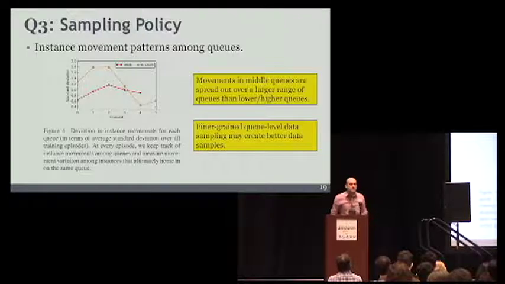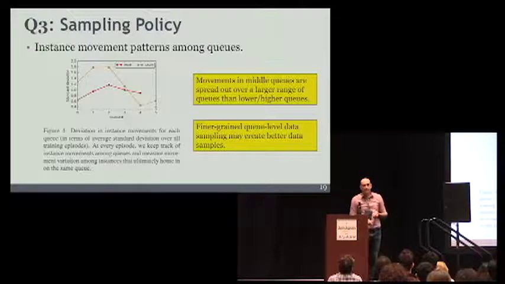This plot shows the average deviation across all these self-training episodes. For queues that are in the middle, we observed a greater deviation in the movement patterns. But for those at the lower or higher queues, there is not much deviation.